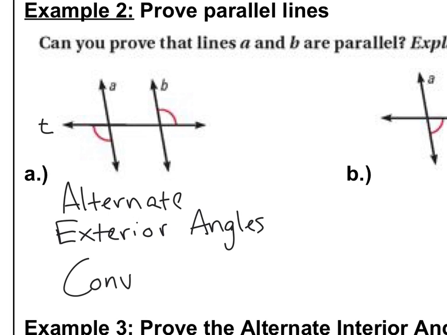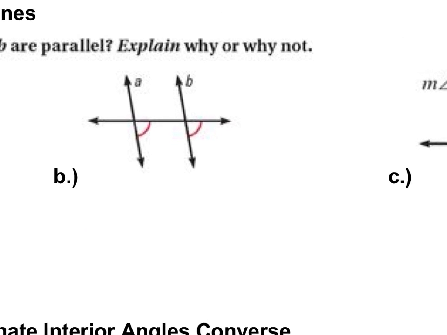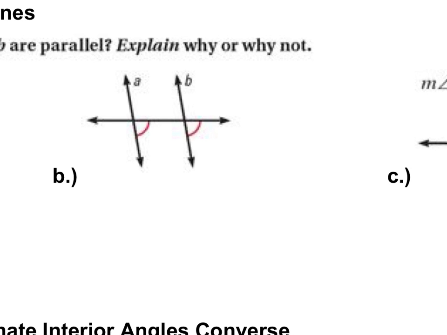So we are not saying they are parallel; we are proving that A is parallel to B, and we do that by knowing that these two angles are congruent. Looking at B here, again our transversal is here. We have angles in the same spot but on different lines, and if you remember, those are called corresponding angles.